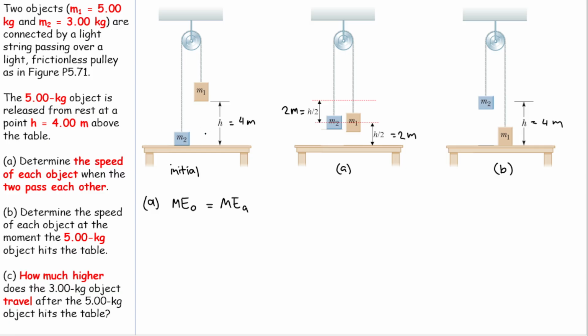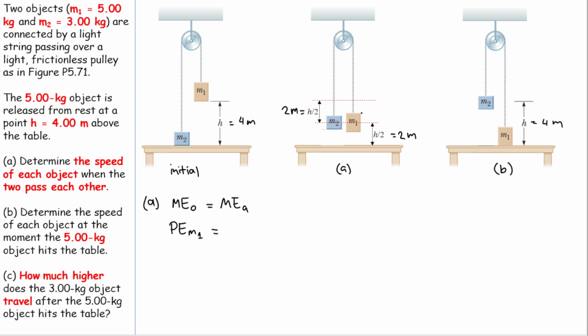Here in the initial state, we don't have any potential energy or kinetic energy in M2, but we have some potential energy in M1, right? And then let's move on to picture A here.